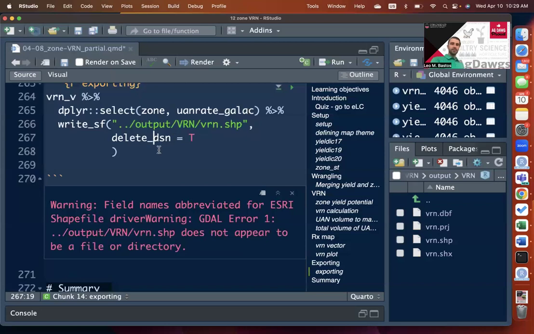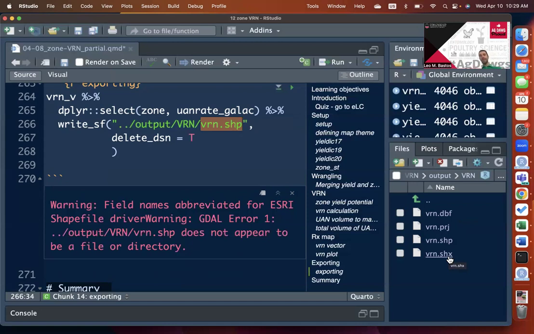Now, just to clarify again, when we're exporting shapefiles, you just need to specify the actual shapefile extension, which is SHP. But when you do that, you're actually getting, in this case, four total files, including the SHP that you specified, but also a DBF, PRJ, and SHX, which are all accompanying files to that shapefile.